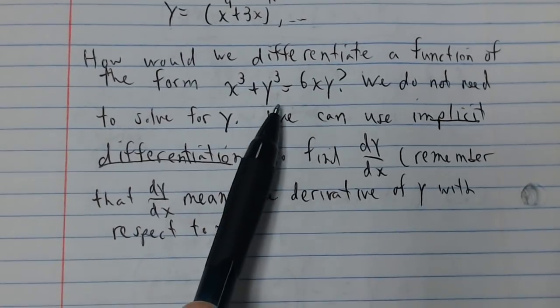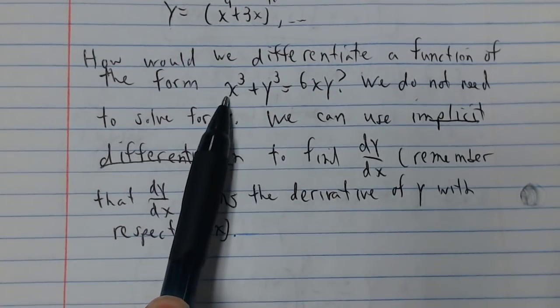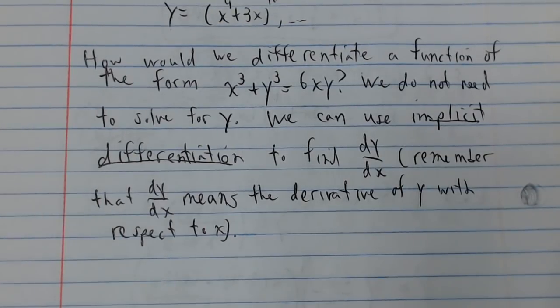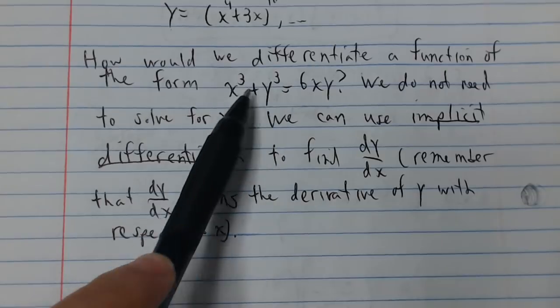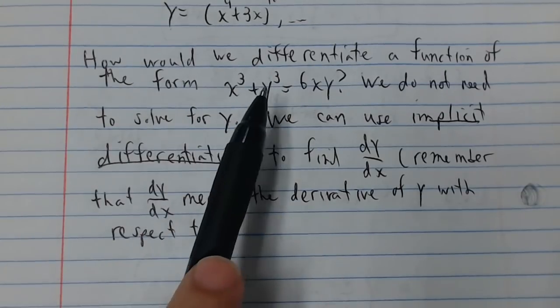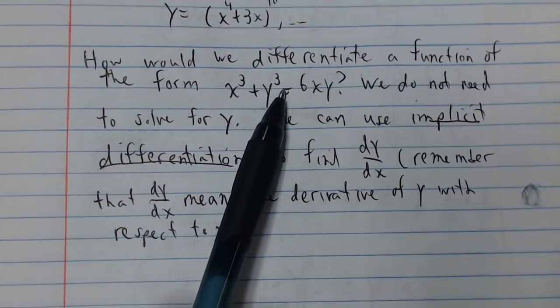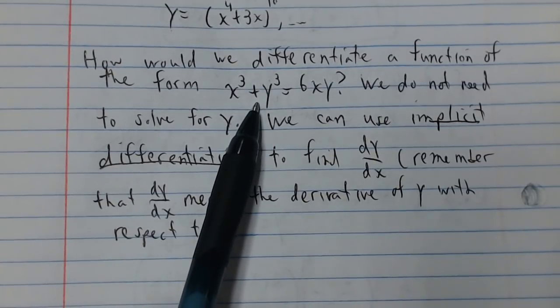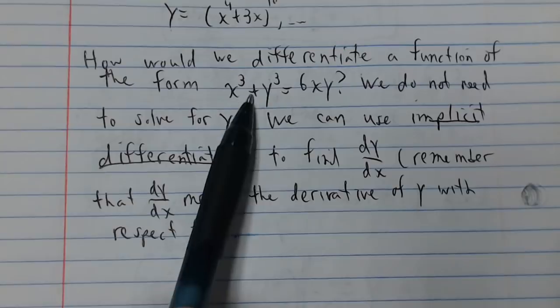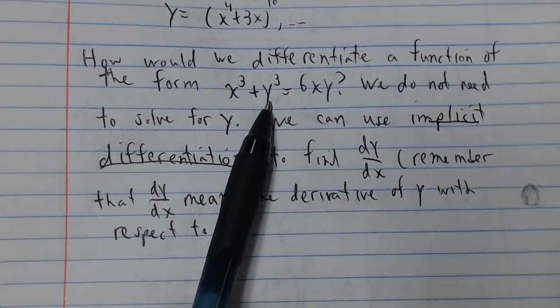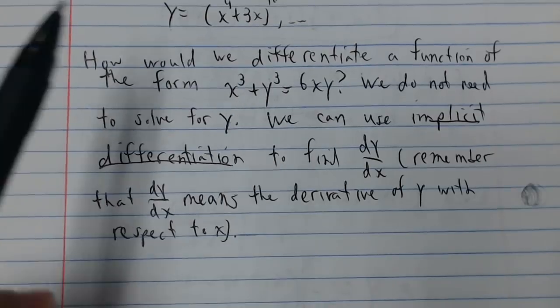Over here, we don't know what y is. Since x is my independent variable, the derivative of x cubed is just 3x squared. But the derivative of y, we have to be careful about that because we don't know what function y is. So y is some expression in terms of x, which we don't know. And we'll talk about how we take that into consideration.